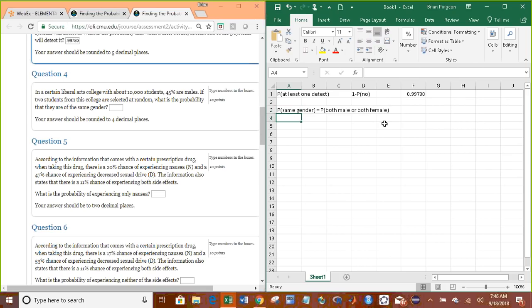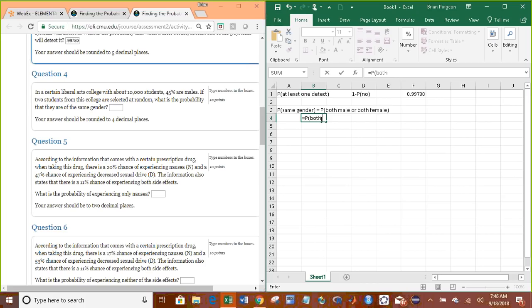Now, because this is a large population, when we select one male, that really isn't going to affect the probability of another male getting picked. That's the whole point about them saying 10,000 students. So we can assume independence for this question. So think about our OR formula.